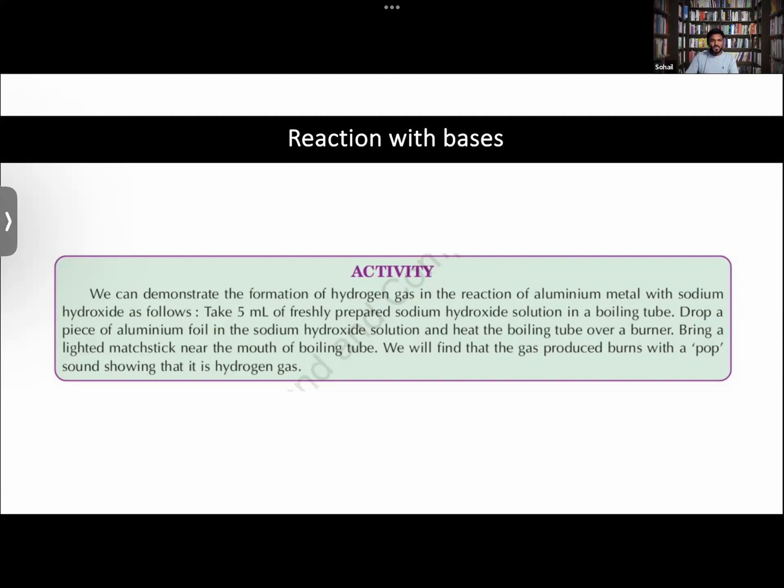Metal salts, right? For example, if it is chloride salts, then it is metal chlorides, right? Now, for example, MgCl2. Magnesium chloride is an example of a salt.